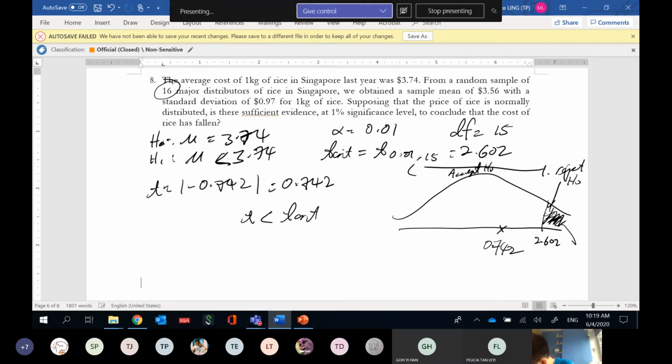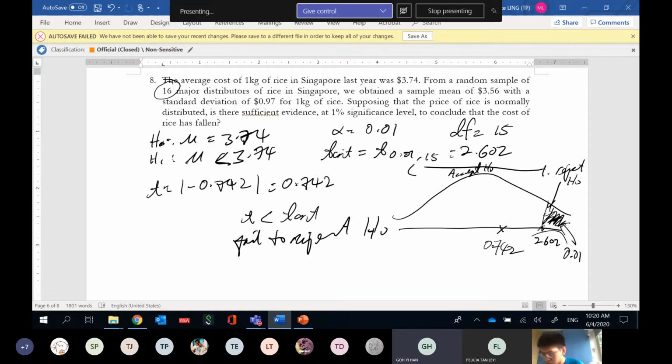This area here is 0.01, and this value is 2.602. That's how you read the whole table. Ihan, you get what I mean? Yeah.